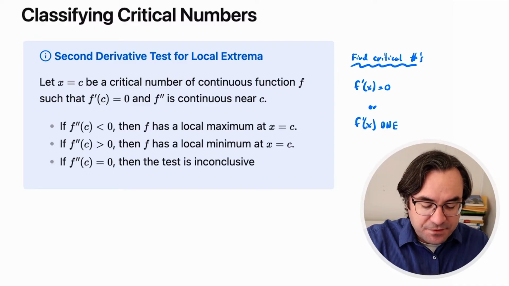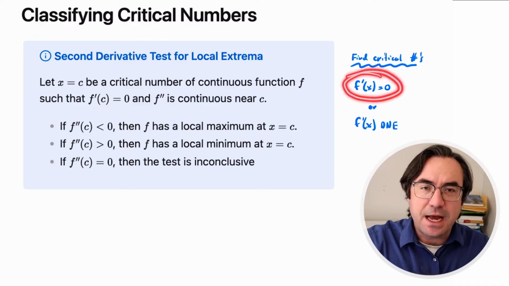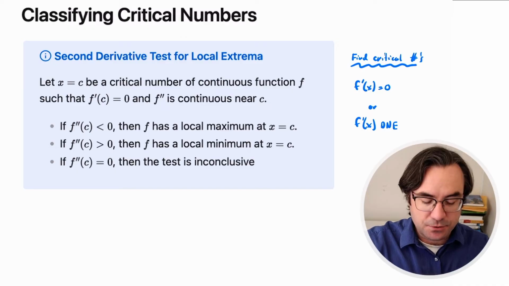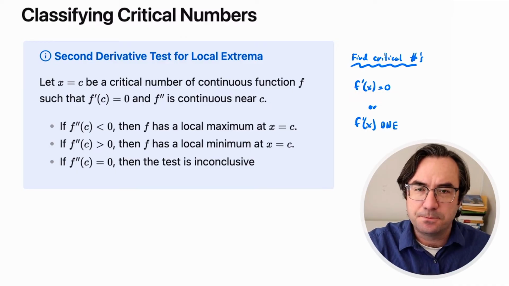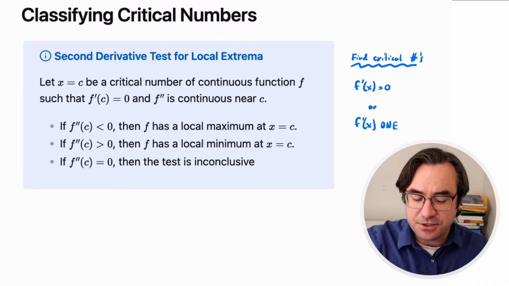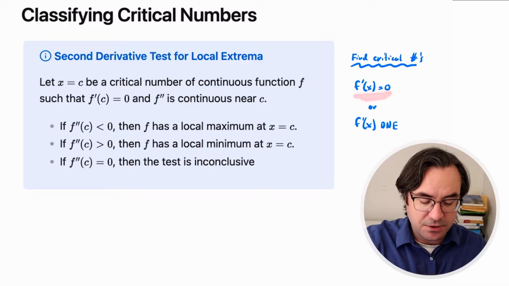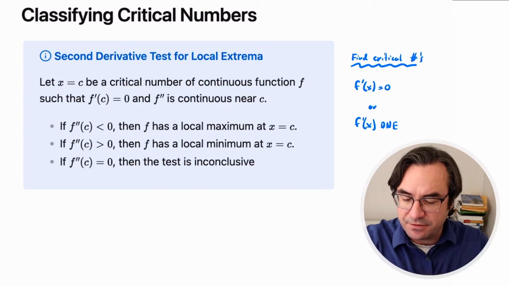Now, we've seen the most common way we get critical numbers is where our derivative is equal to 0. So the second derivative test only works for these ones. It doesn't work for the ones where the derivative does not exist. For those, you'd have to use the first derivative test.